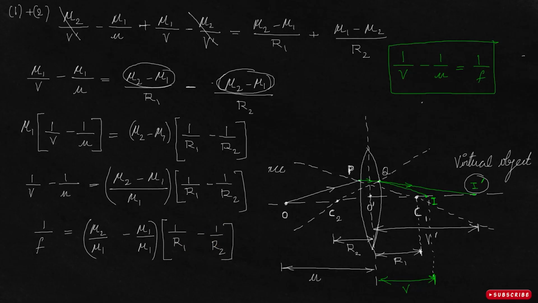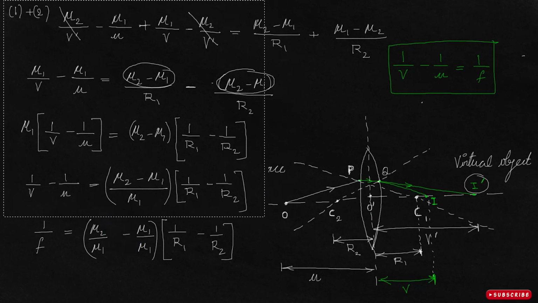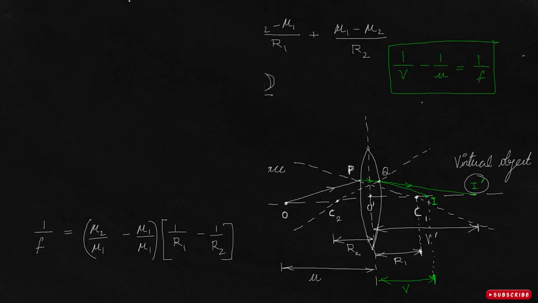So this will be 1 by F is equal to mu2 by mu1, which is actually the refractive index of the second medium with respect to the first medium, minus 1, into 1 by R1 minus 1 by R2.